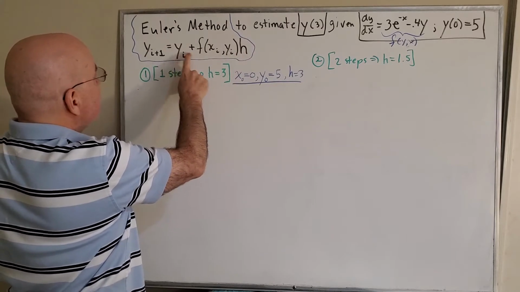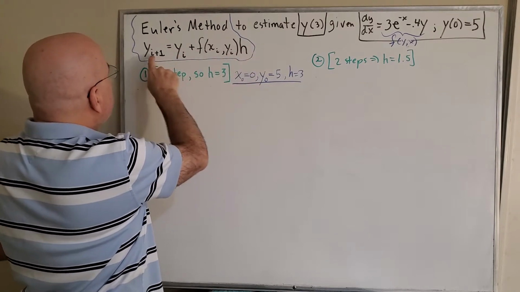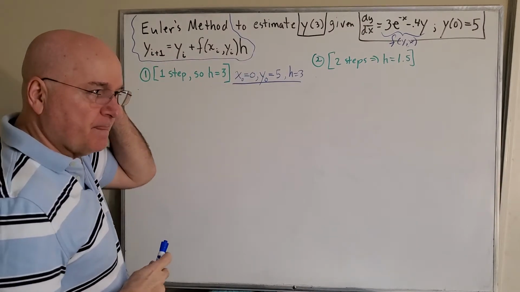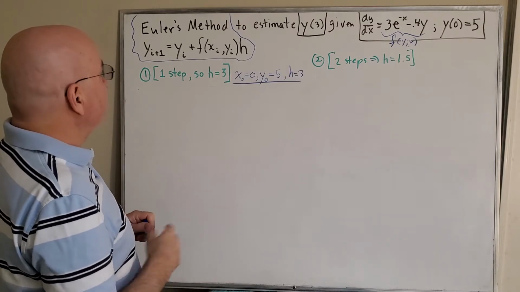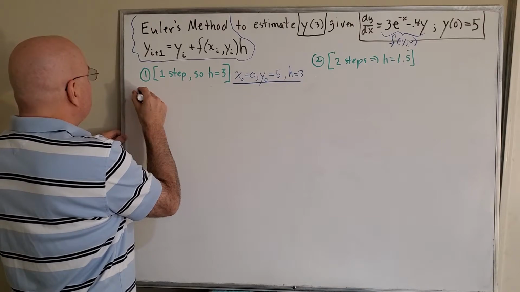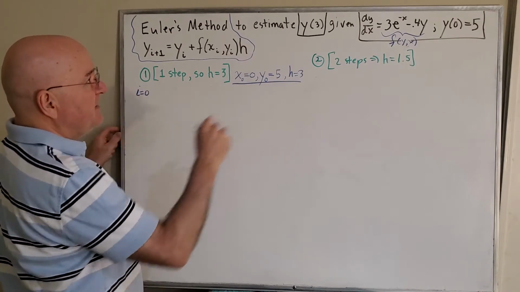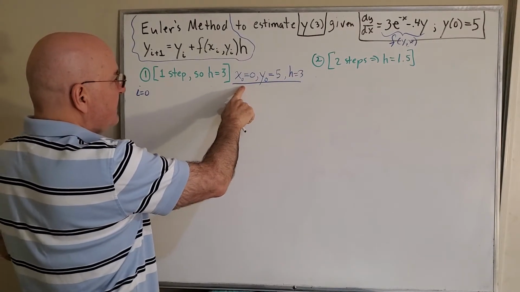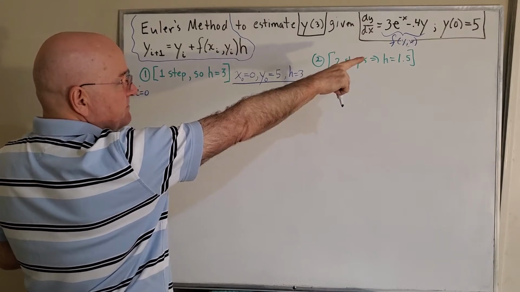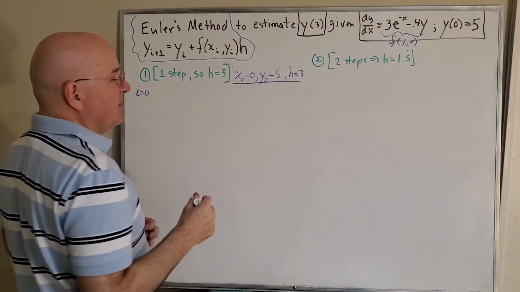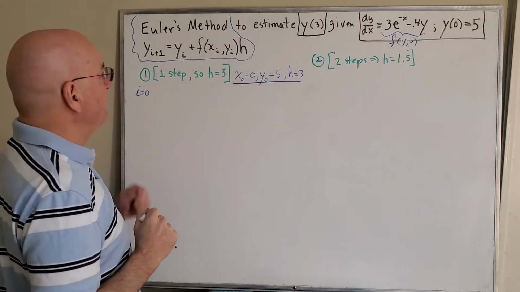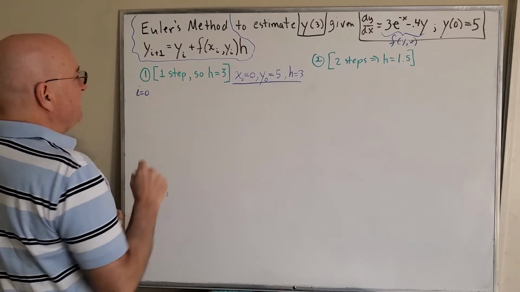We'll know everything on the right, and then this will be our estimate of y of i plus 1. So we start off at i equals 0, because we know x0 is 0, y0 is 5, that's what we're given. And then h, our step size, has to be 3 because we're going to go from 0 to 3 in one single step.